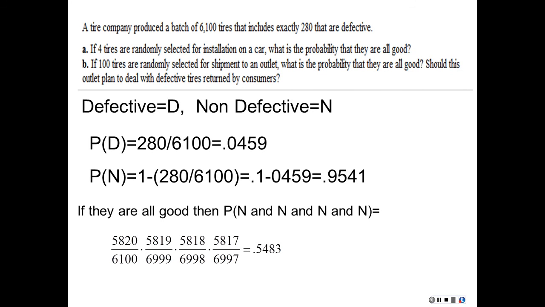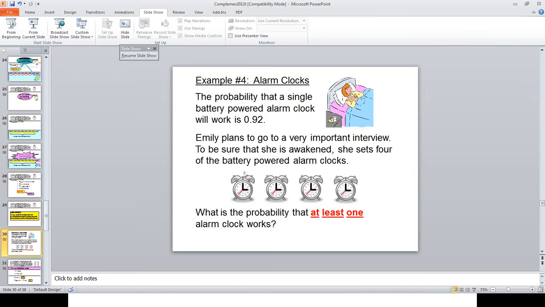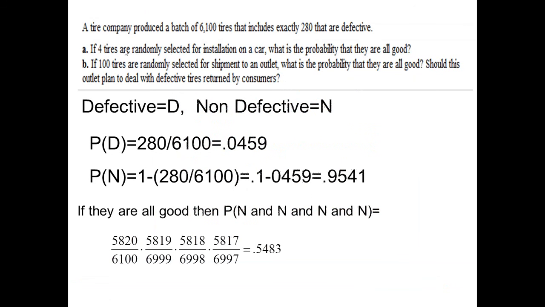Now what we have is the probability that all of them are not defective.